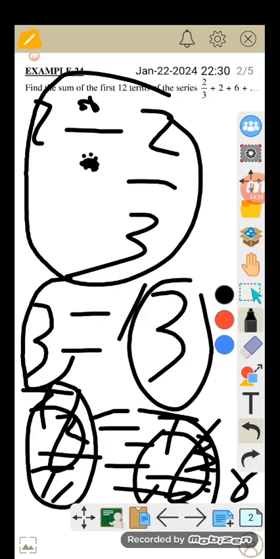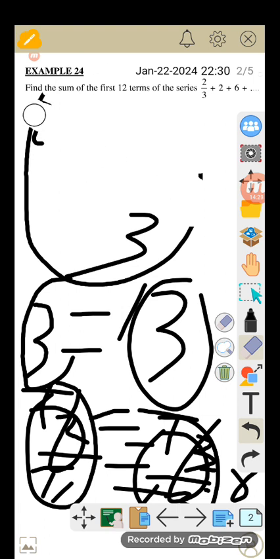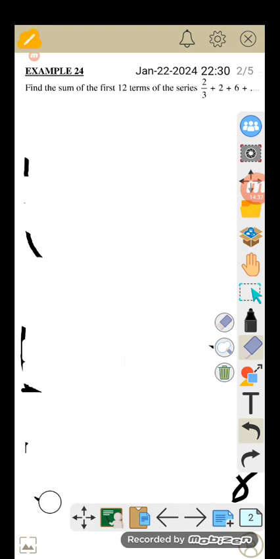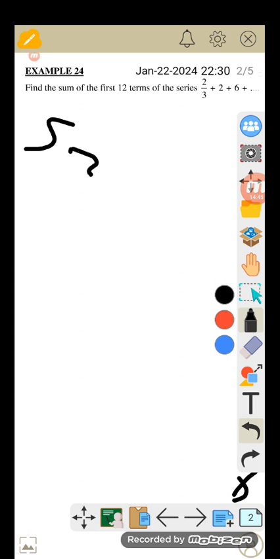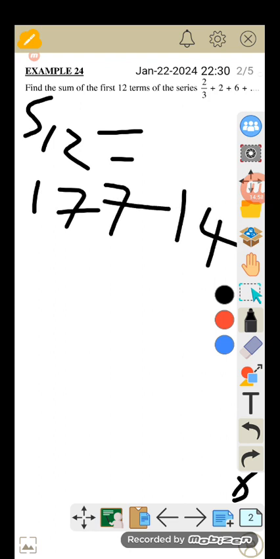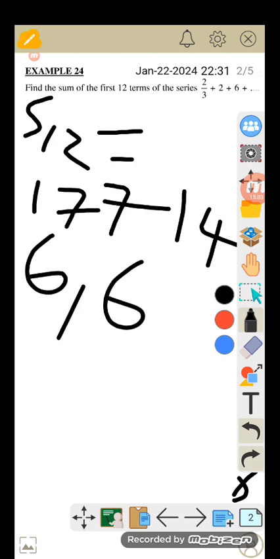Therefore, my S12 is what? Let me just wrap here for a moment. My S12 equals 177,146.67.